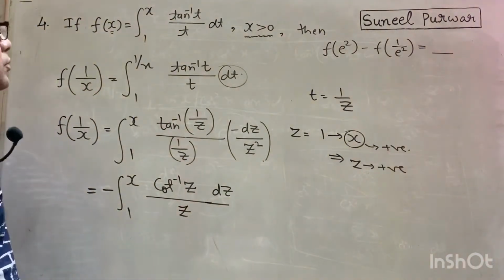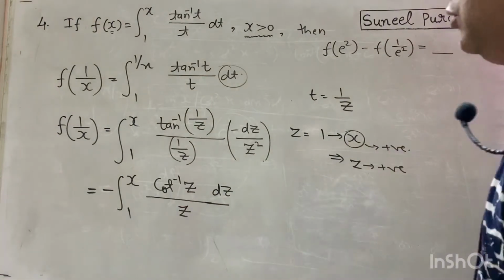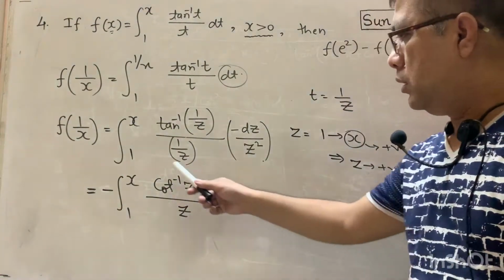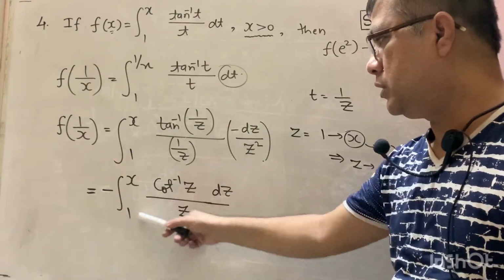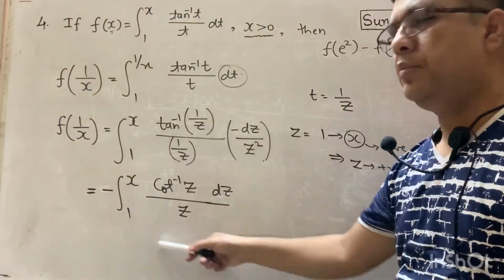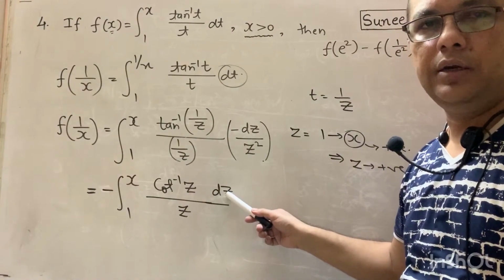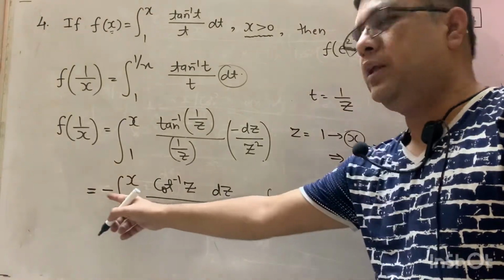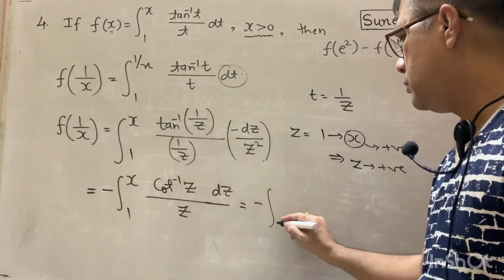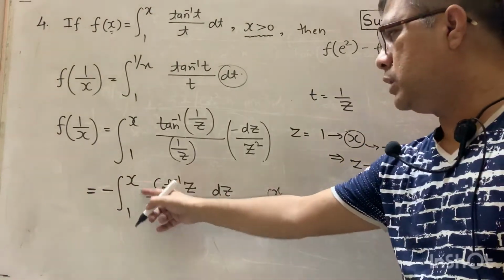Now using the very first property, we can write this integral as, you see, what is this portion? F of z dz. So f of z dz can be written as f of t dt. Okay. So this thing we can rewrite as minus sign copied, 1 to x. Okay. This is f of z dz.